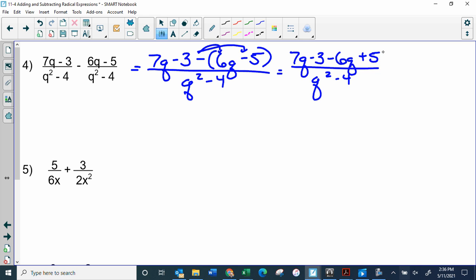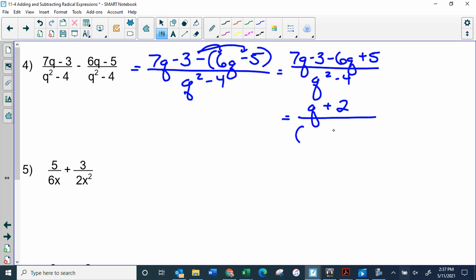Okay, so in the numerator, let's combine like terms. 7q minus 6q is q. Negative 3 plus 5 is positive 2. And in the denominator, this is one of the hardest ones for my students to remember. This is a difference of squares. q squared and 4 are perfect squares, and they're being subtracted.